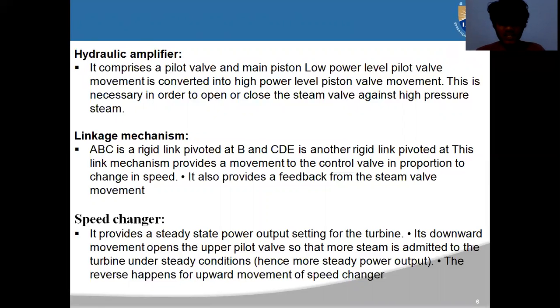The speed changer provides a steady state power output setting of the turbine. Its downward movement opens the upper pilot valve so that more steam is admitted to the turbine under steady conditions, hence the steady power output will be more. The reverse also happens with the upward movement of the speed changer.